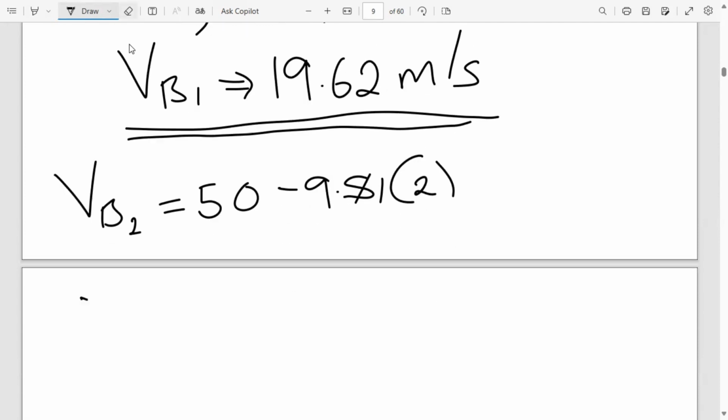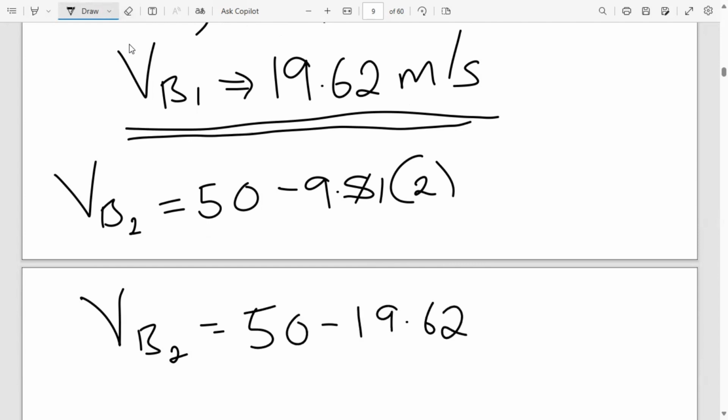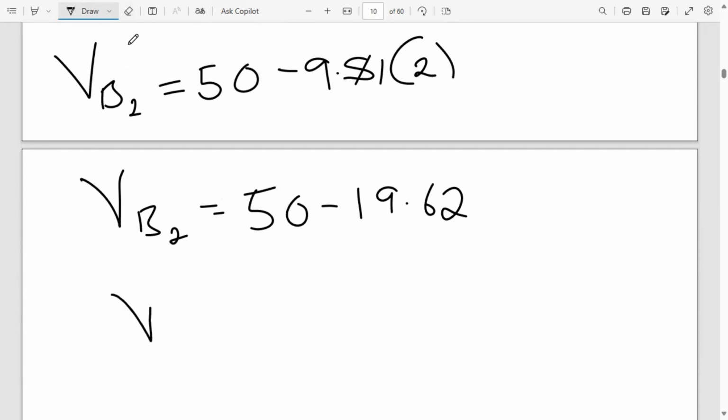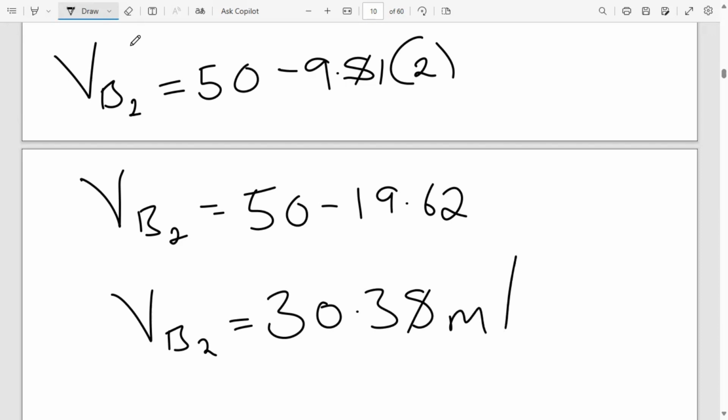So VB2 will be equal to 50 minus 19.62, which is 30.38 meters per second.